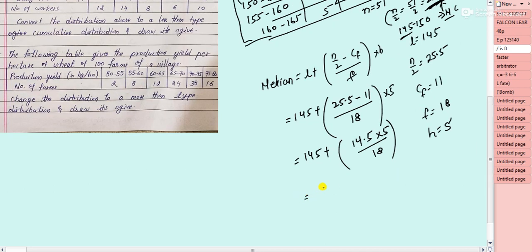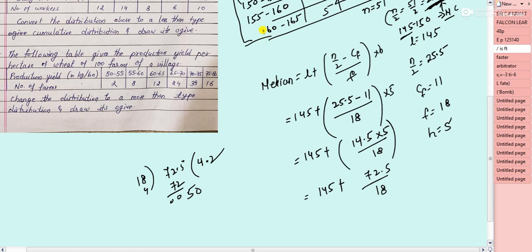Just solve this. 14.5 into 5 is 72.5, divided by 18. 18 times 4 is 72, so you are getting around 4.2, isn't it?